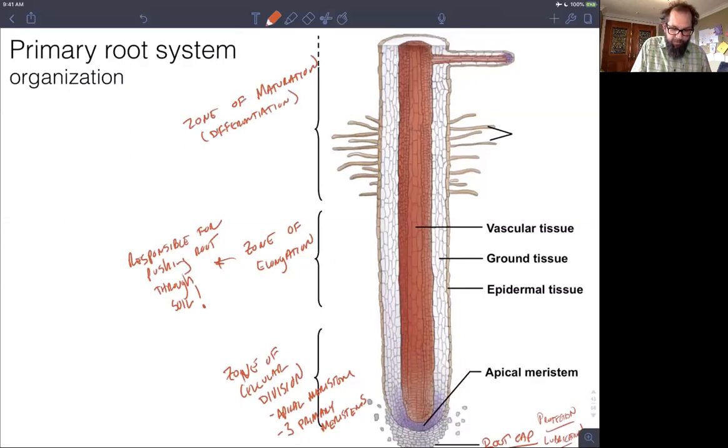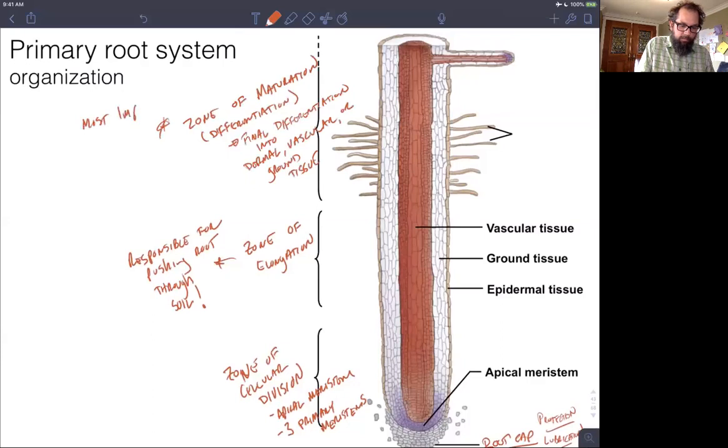And so this is where final differentiation occurs into dermal, vascular, or ground tissue. And so because of that, this is actually the most important region for water and nutrient uptake, which is one of the main functions of that root system.